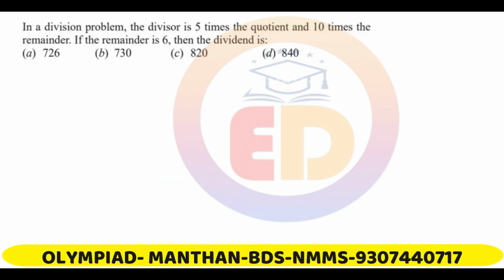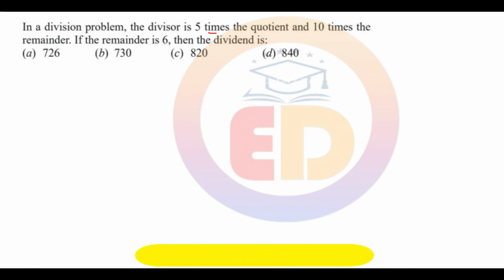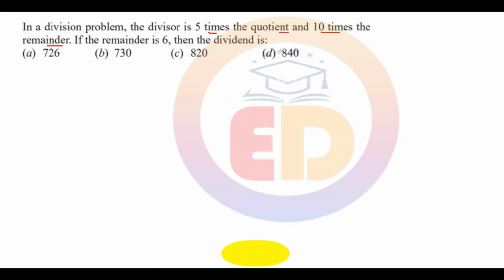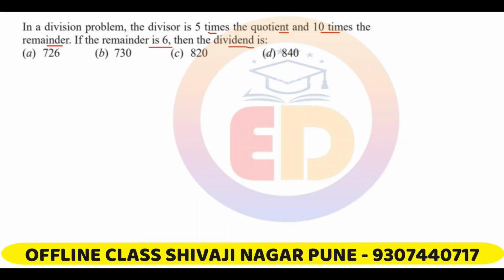Question says, in a division problem, the divisor is 5 times the quotient and 10 times the remainder. If the remainder is 6, then the dividend is.